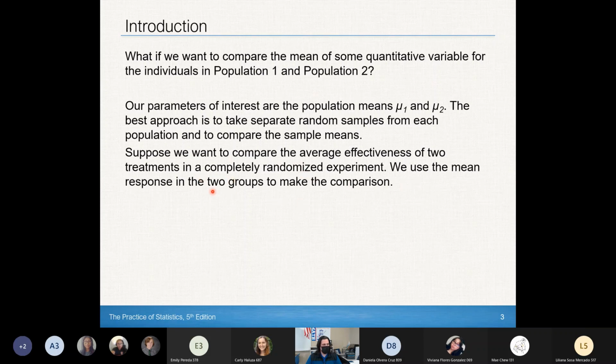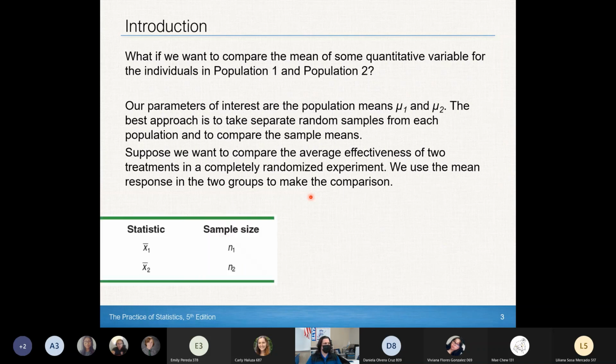We use the mean response in the two groups to make the comparison. So again, we have the scenario where we're comparing things within two populations and the situation where we're comparing results in an experiment based on treatments. So we have these two different circumstances in which we can conduct inference about the difference of means.